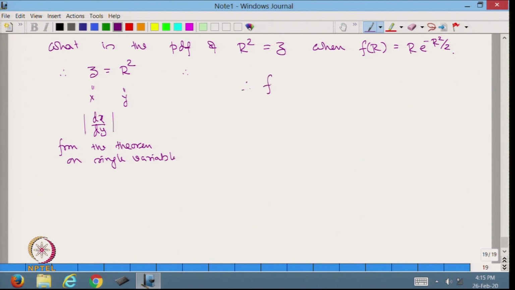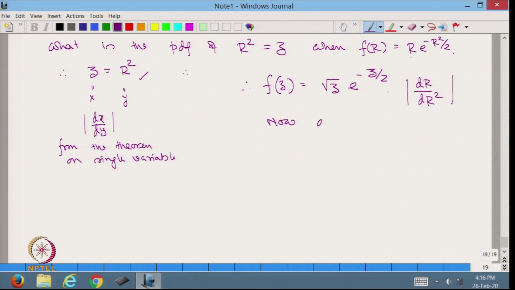Therefore, f of z is equal to root over z, because r is equal to root over r square, e to the power minus z by 2 into dr by d r square.